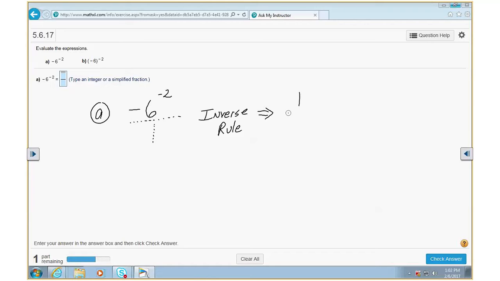So that'd be 1 over -6 to the second power. 1 over negative, and then the 6 is raised to the second power, because the 6 is the only thing the power is attached to. Everybody understand that? Because it doesn't have parentheses around it. So your final answer is -1 over 36 or 1 over -36. Either one of those.